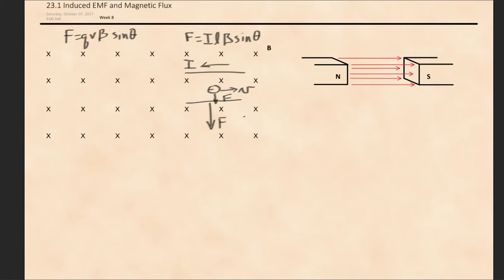Now, we can use that to cause the wire to move. And so next we talked about taking a loop of wire, putting it inside a magnetic field, and then running a current I through this wire.